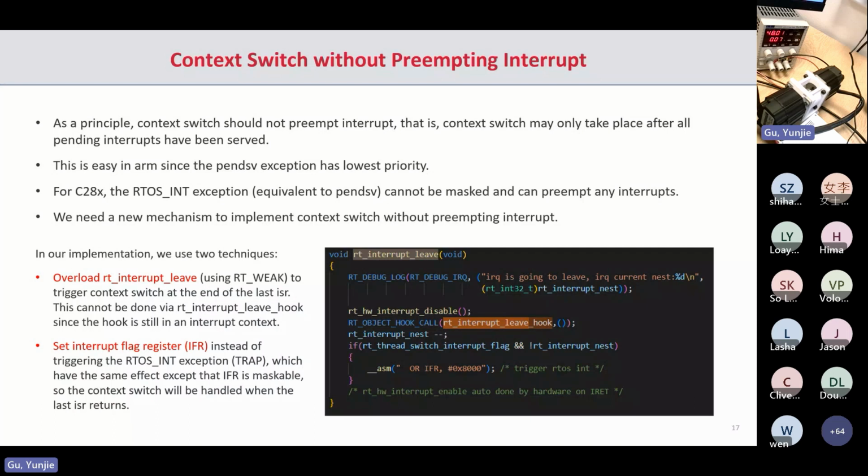Basically, what we do is check whether any nested interrupt is being handled, and only when all the interrupts have been served do we trigger the context switch. This ensures that the context switch will not preempt an interrupt.